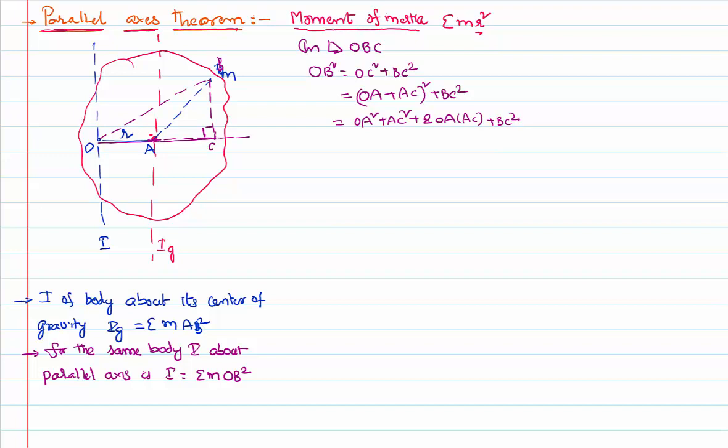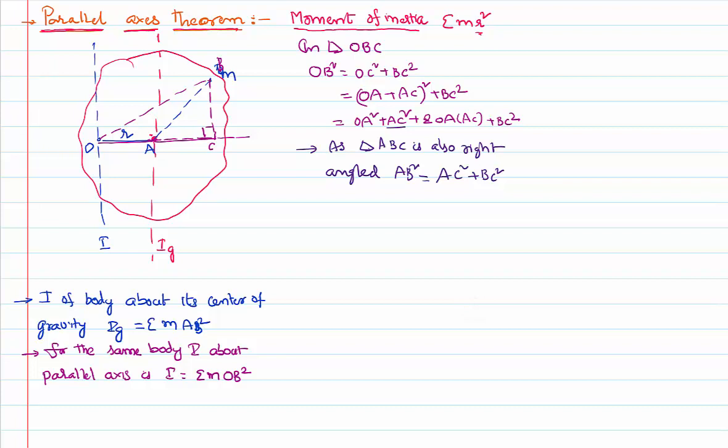But if you see, there is another right angle triangle, triangle ABC, which is also a right angle triangle. I can again use the Pythagoras theorem. I can write AB square as AC square plus BC square.